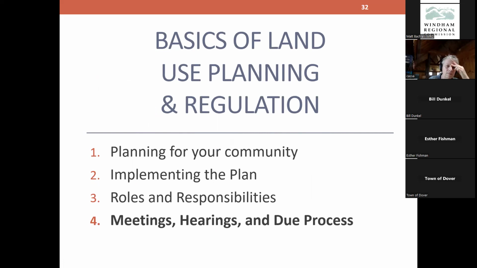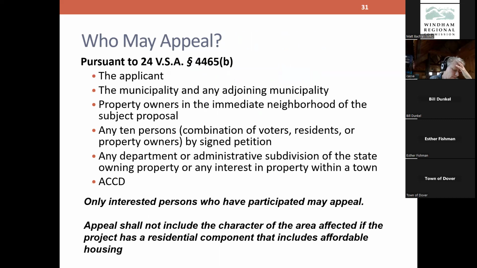And there's a question about the affordable housing. Yeah, for affordable housing, there is a definition in state statute. So here where it's talking about that an appeal cannot include the character of the area affected if the project has a residential component that includes affordable housing, you would refer back to the definition in statute for affordable housing.